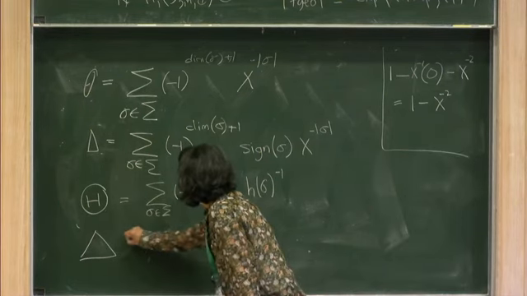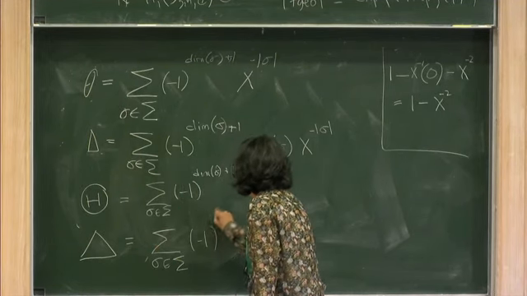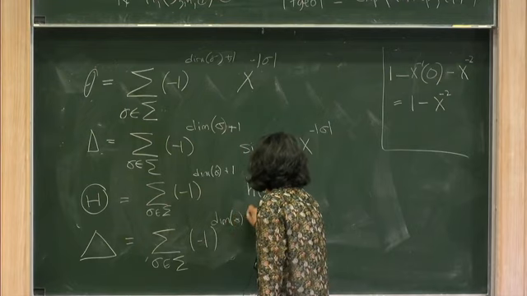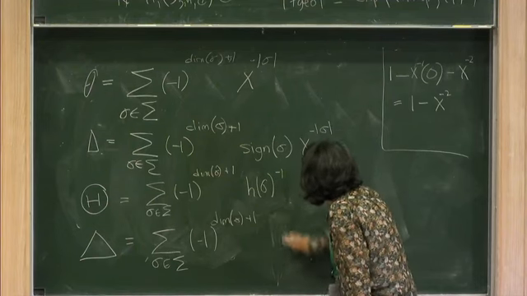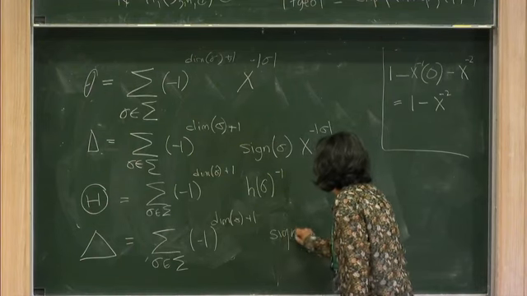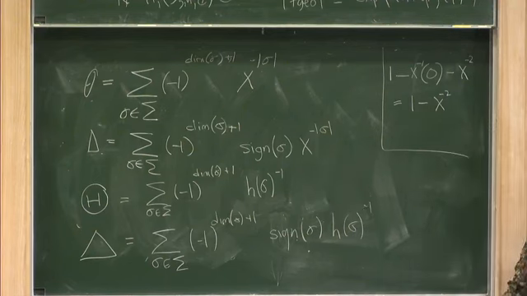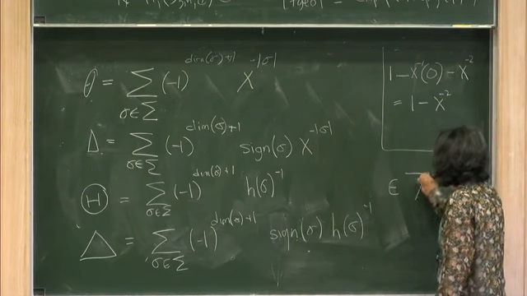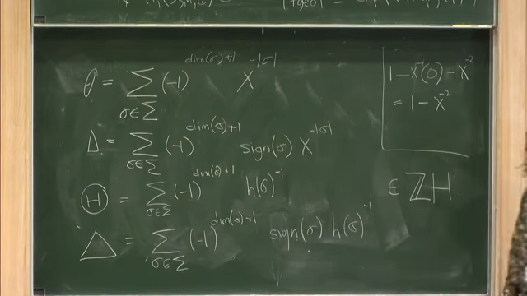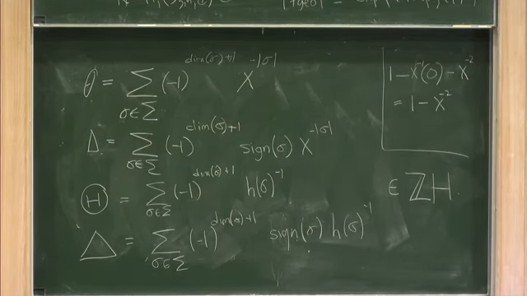And the Alexander polynomial is this thing, with the sign, h to the h of sigma inverse. Okay, and now these are elements of the group ring.